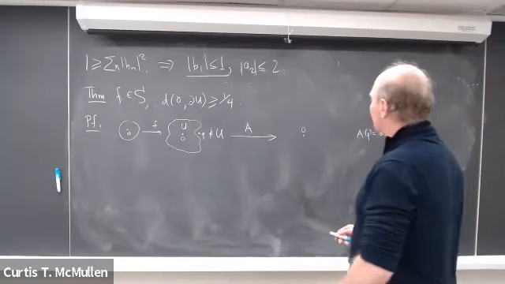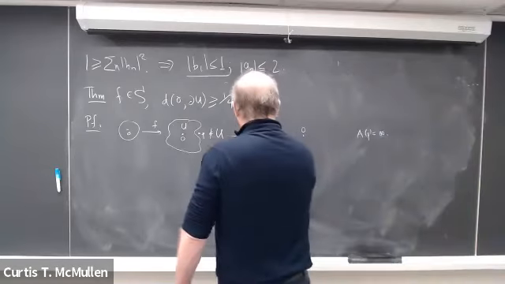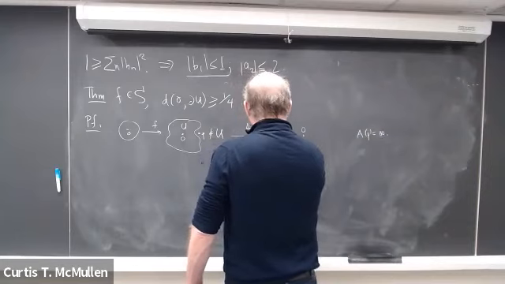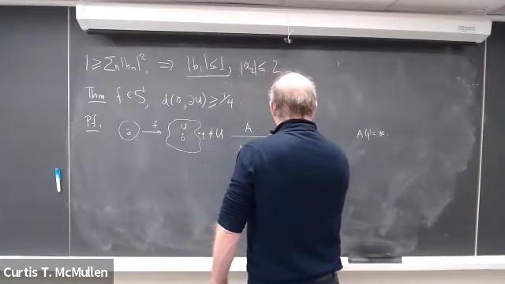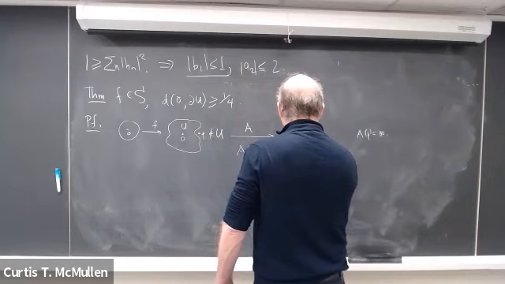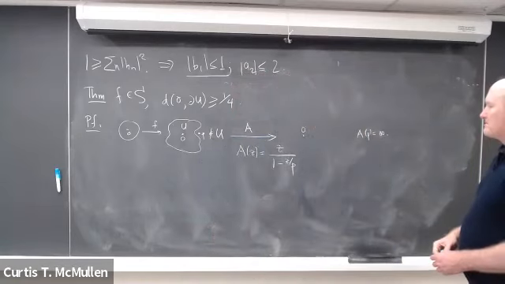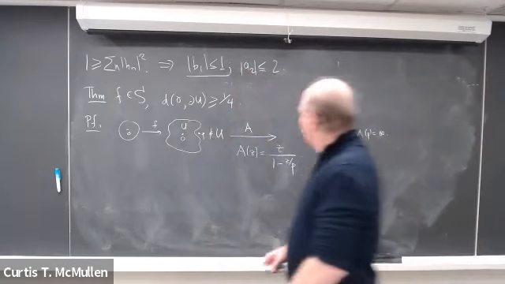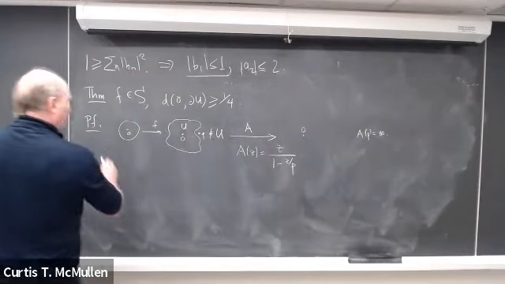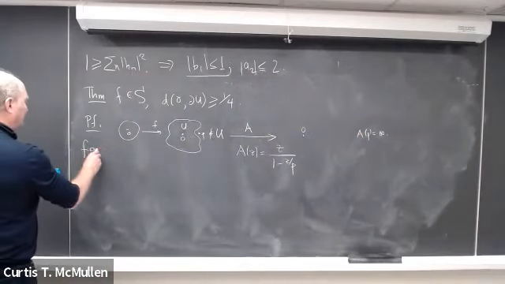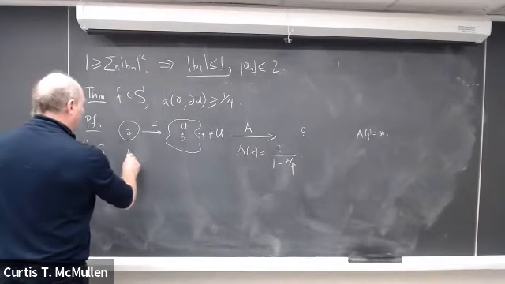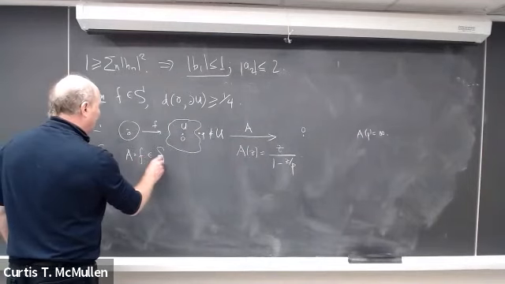So what's a Mobius transformation like that? Well, you can take A of z is z over 1 minus z over P. And the assertion is if f is in S, then A composed with f is also in S.